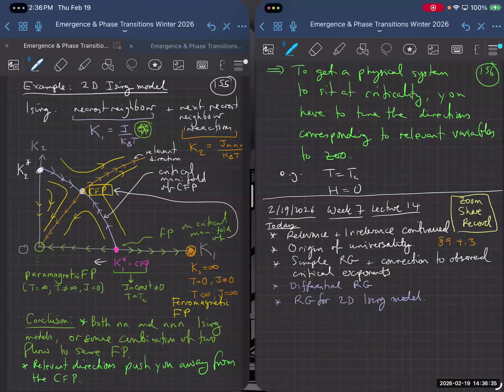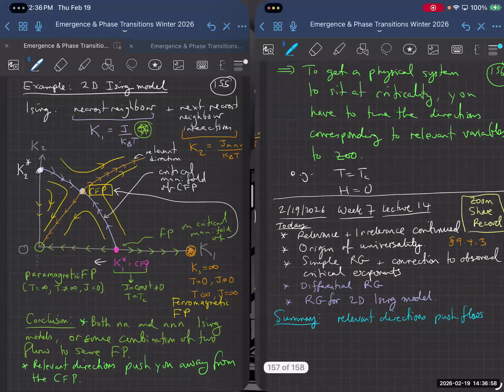So let me just summarize that. Summary from last time: the relevant directions push the flows away from the critical fixed point.